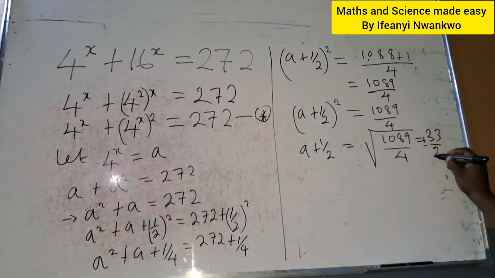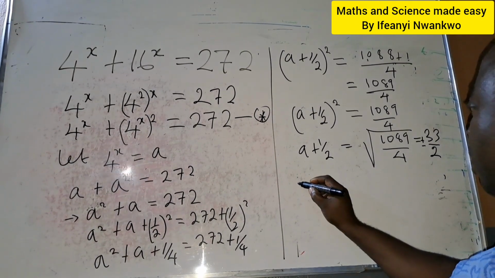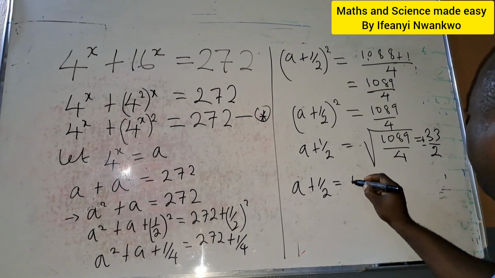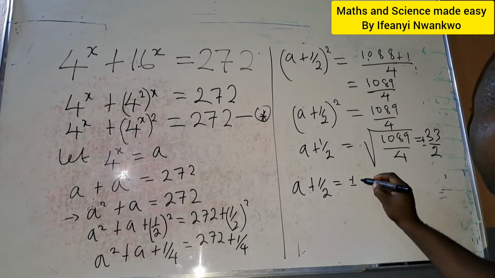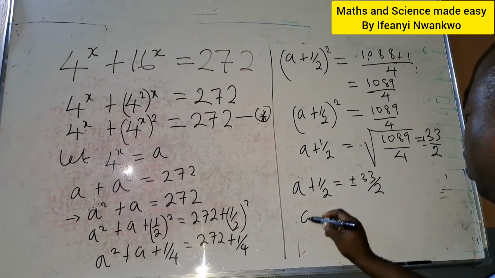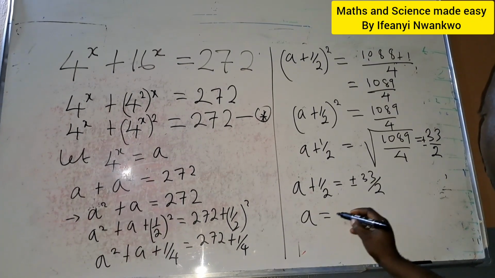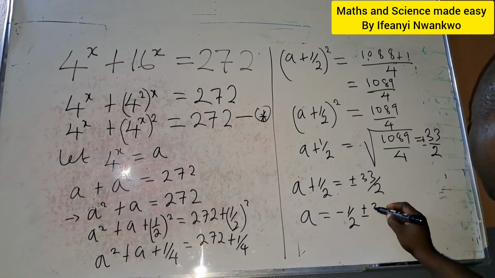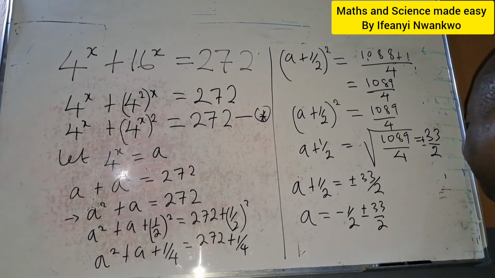The square root of 4 is 2. So we now have a plus 1 over 2 equals plus or minus 33 over 2. So a, this half crosses, its sign changes to minus 1 over 2 plus or minus 33 over 2.